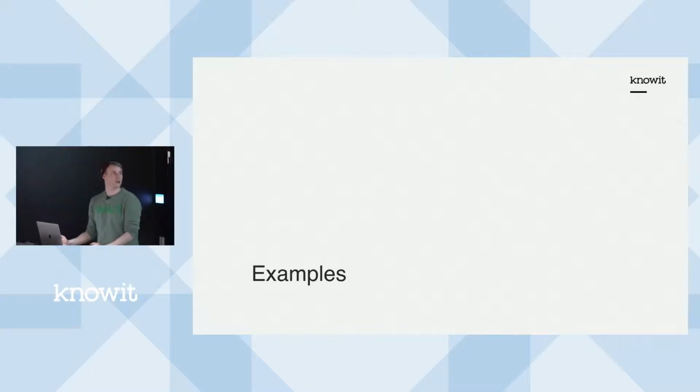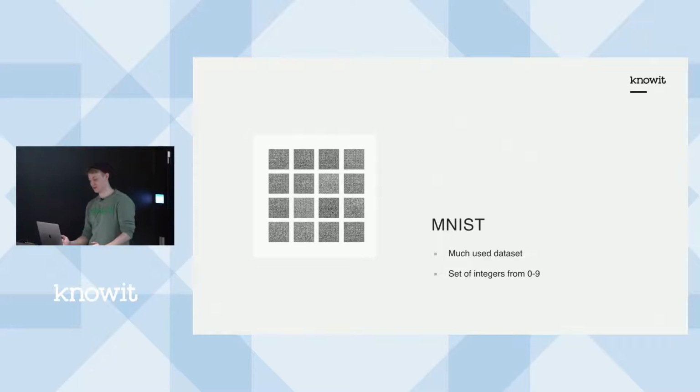So I have even more examples. One is the MNIST dataset, which is really often used. It was the first I tried when attempting to create a generative network. It's just pictures, 28 by 28 pixels, really small, of numbers from 0 up to 9.